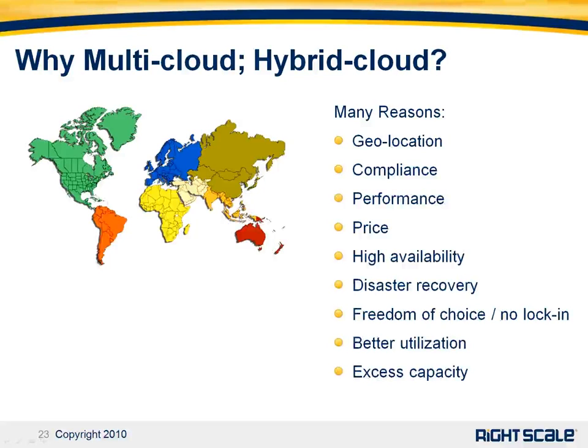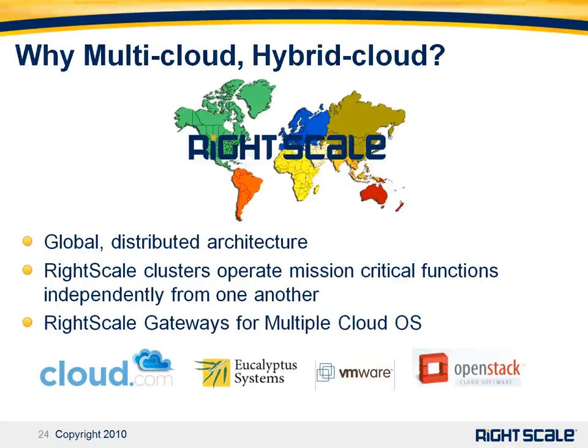So you're going to pay a different amount in the East region versus the Singapore region. So there are lots of perfectly valid reasons why this notion of multi and hybrid cloud is very, very important to enterprise organizations. So where does RightScale fit in, and how do we help achieve this goal for enterprises?